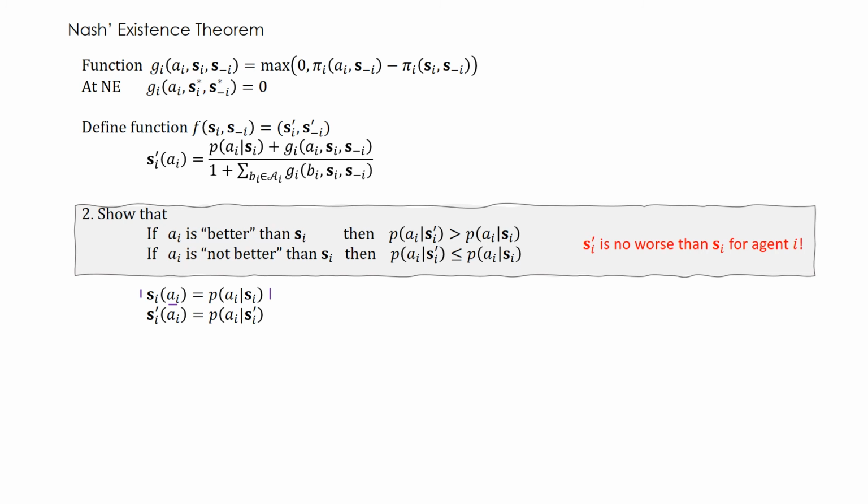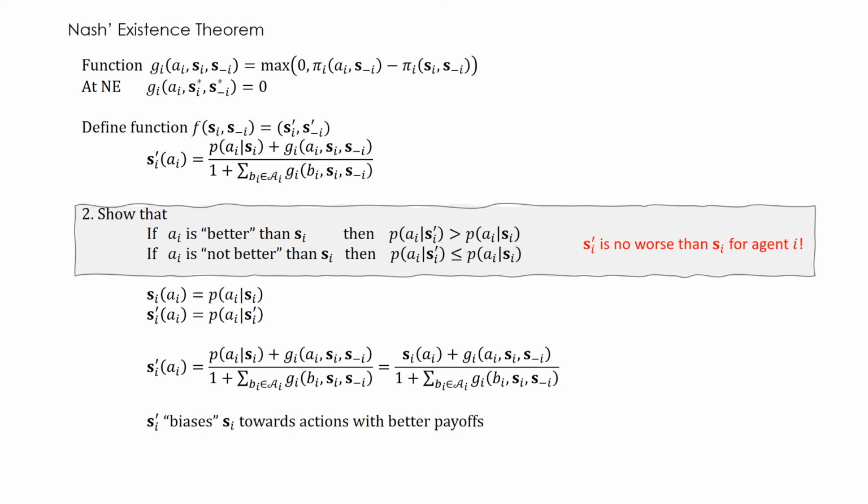And since we showed that S prime I is also a mixed strategy, its element corresponding to any action AI is also the probability of that action in S prime I. So this is the expression for S prime I of AI. I just copied it from here, and P of AI given Si is nothing but the element of Si vector corresponding to the action AI.